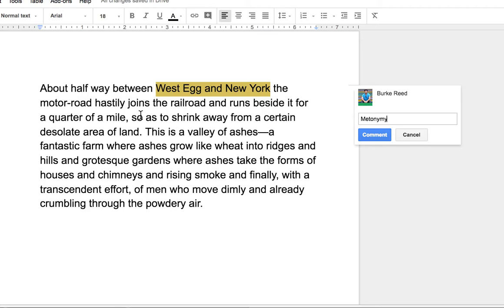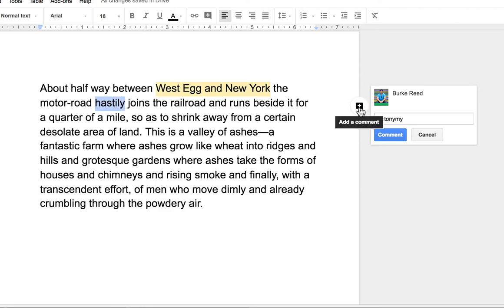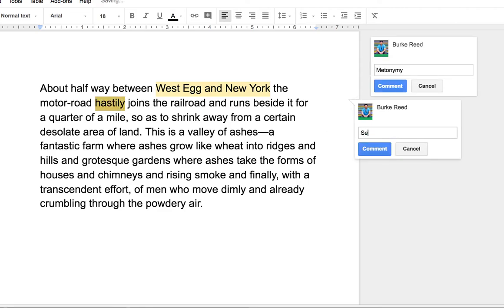From there, the motor road hastily joins the railroad and runs beside it for a quarter of a mile. So we know that Fitzgerald is big on the adjectives here, and this does help us give a little bit of setting of the mood.